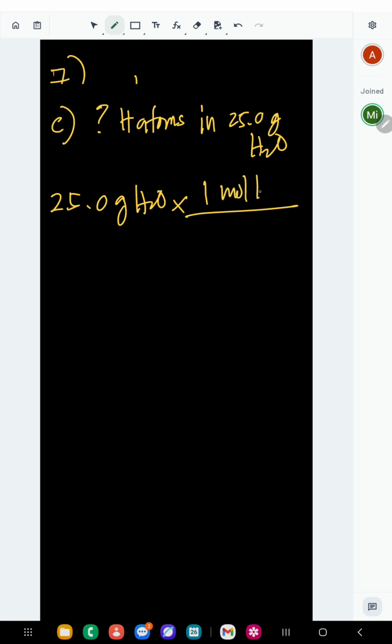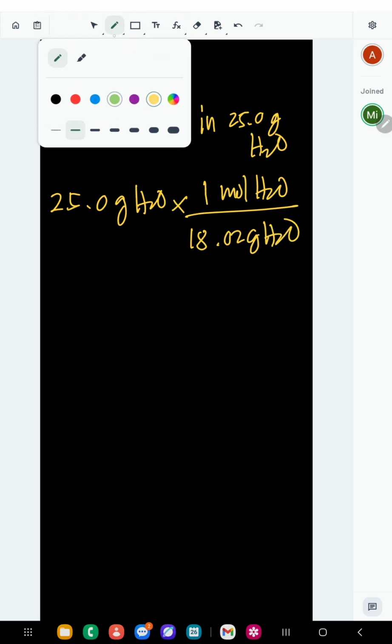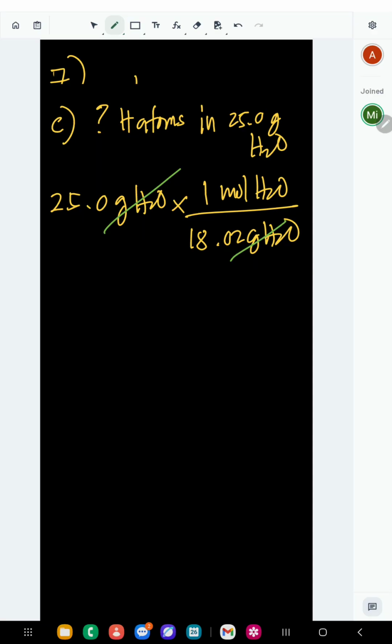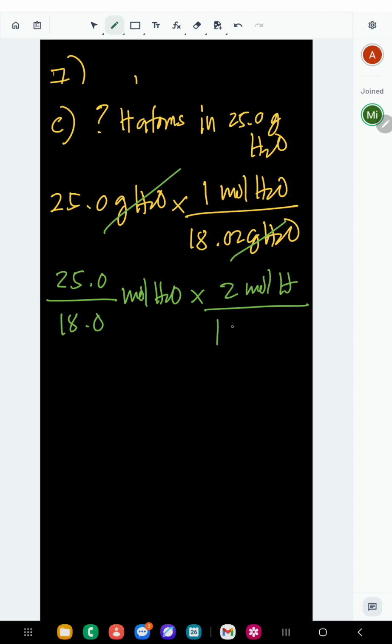So 1 mole water per 18.02 grams. That's the molar mass of water. So the grams here cancel out. Then we have 25.0 over 18.0 mole of water. And then we multiply this by the ratio, 2 moles hydrogen per 1 mole water.